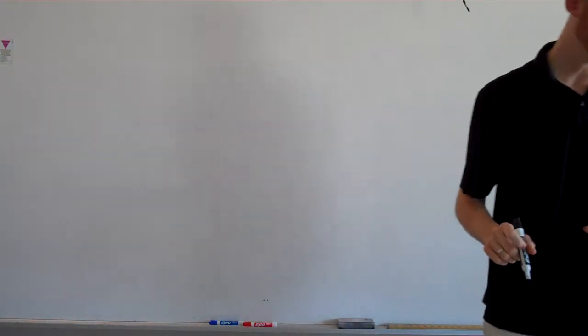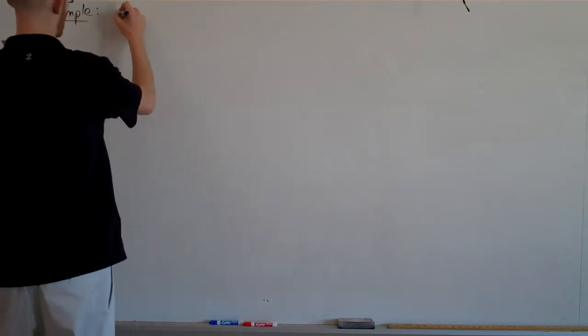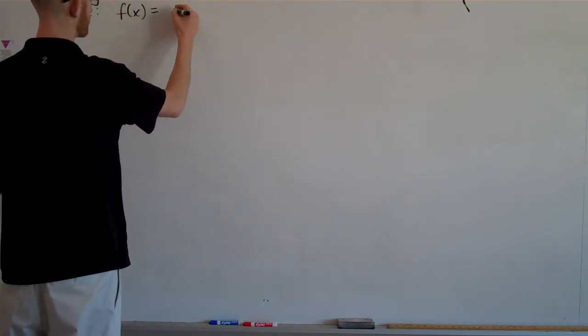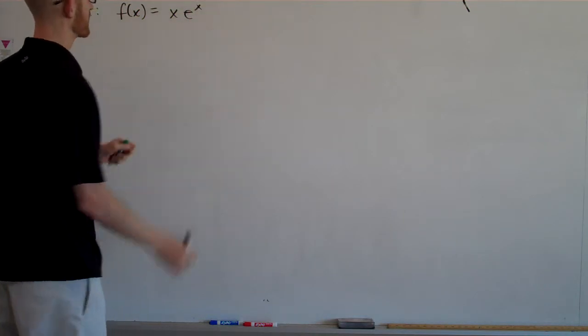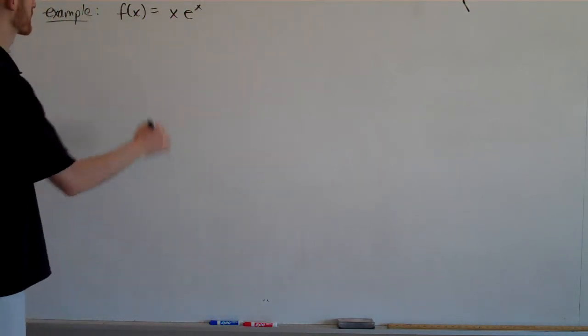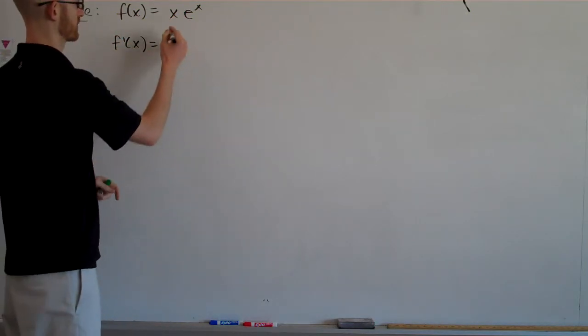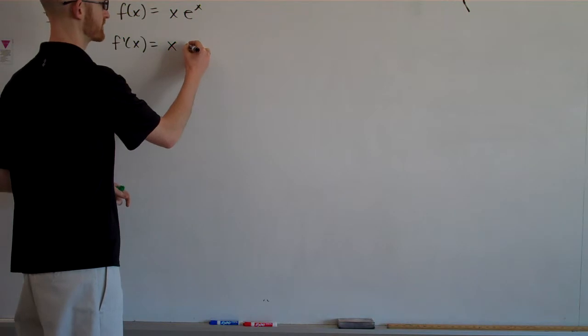Okay, so this example will be x e to the x. Let's say the function is equal to x e to the x. You can see our product here is the function x times the function e to the x. So f prime will be first thing times derivative of second.